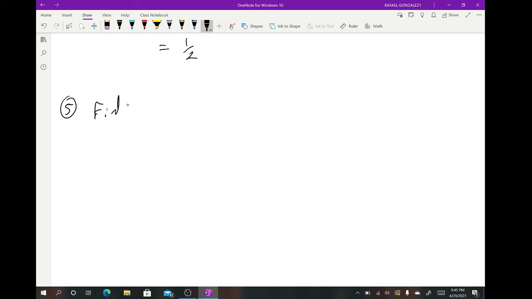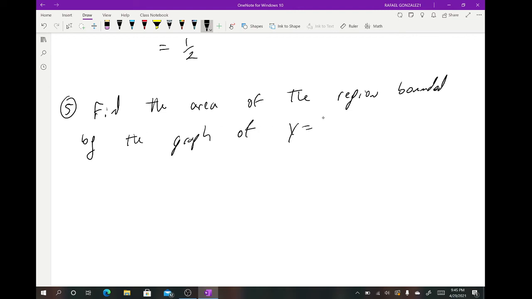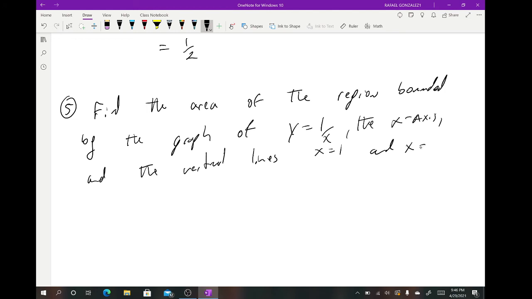So let's find the area of the region bounded by the graph of y equals 1 over x, the x-axis, and the vertical lines x equals 1 and x equals e.